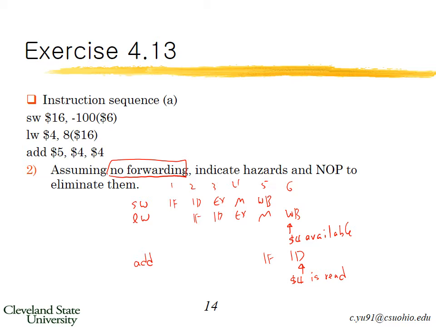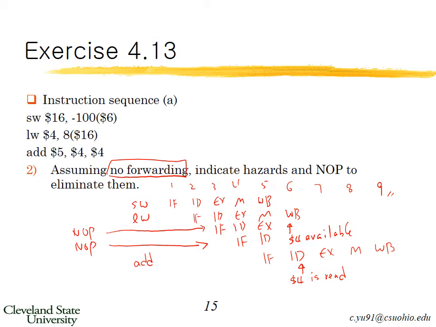So, if there is no forwarding mechanism, you can actually start the addition instruction in cycle 5, which means that you have to add 2 no operations in between those two. So this is the answer for question 2.